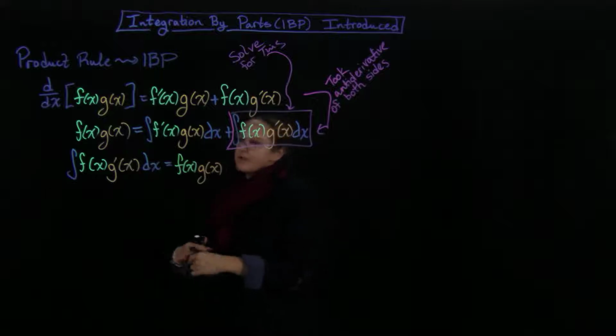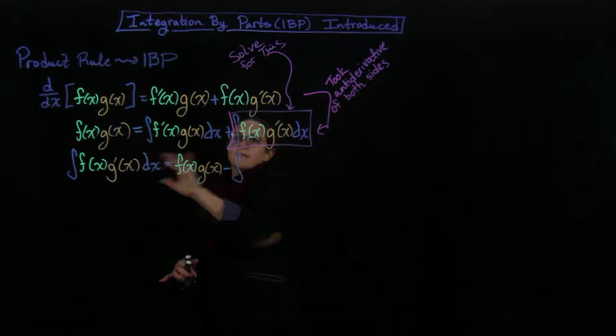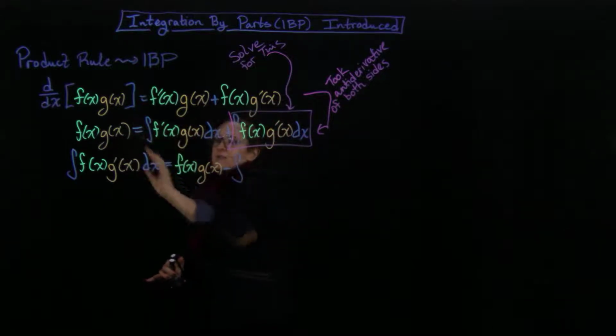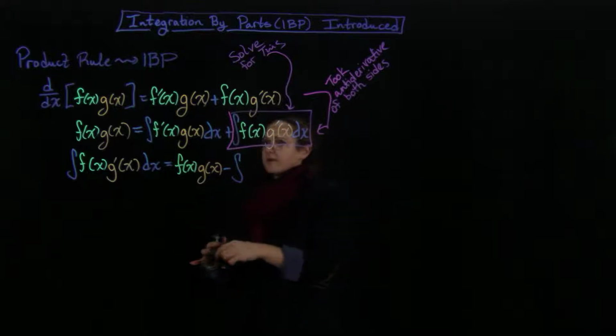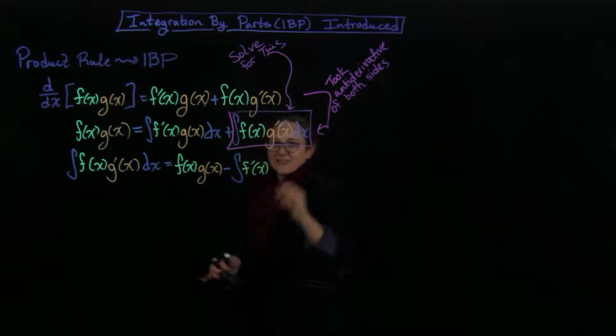And then I'm going to subtract off the integral of f prime of x, g of x dx.